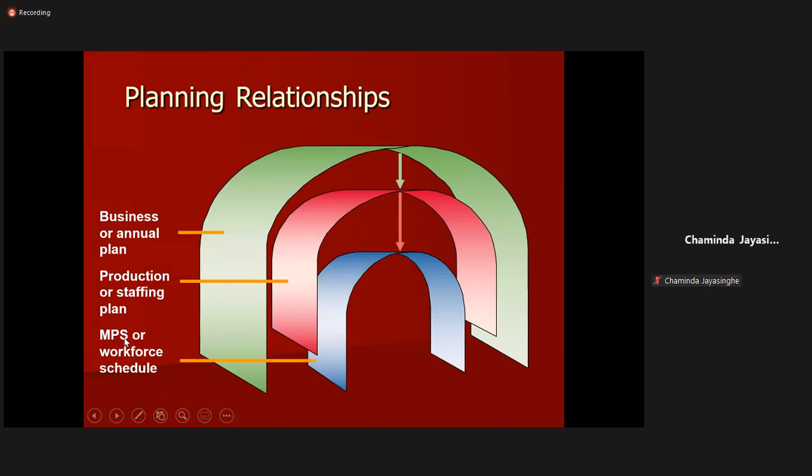And the master production scheduling or workforce scheduling is in an even narrower range. So you have to do the production plan or staffing plan subject to the business or annual plan, and then the MPS or workforce schedule subject to the production or staffing plan.